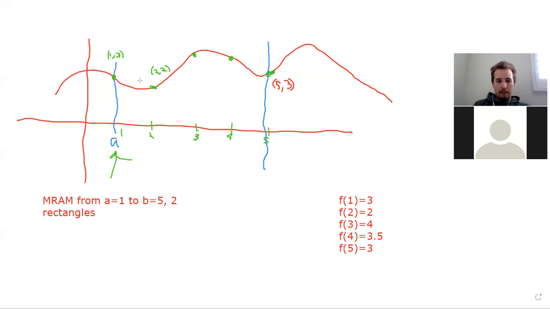If we want 2 rectangles, what's the width of each rectangle going to be if we're going from 1 to 5 with 2 rectangles? Do we agree with Sean? It would be 2. Okay, let's go from 1 to 3 then. What is the midpoint of 1 to 3?